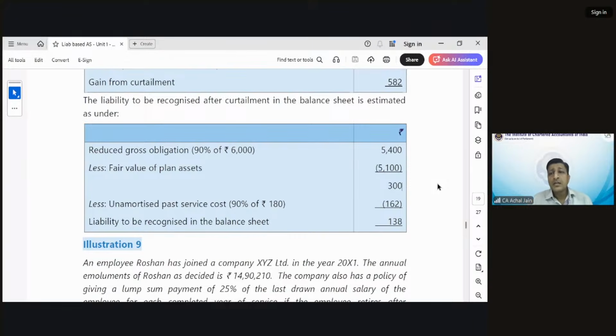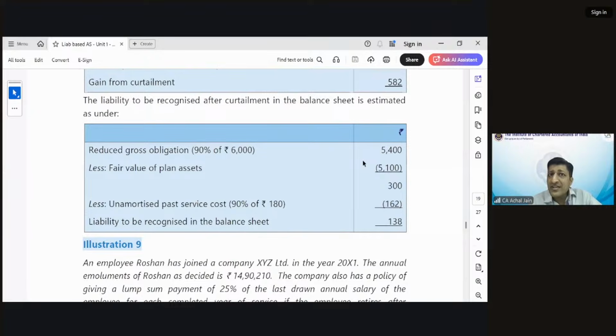Correct? Now, against this net liability of 300, we also have a deferred cost. Correct? So 180, if you remember, was the deferred cost. Out of this 180, 18 we have reduced. So what is left? 162 is left.